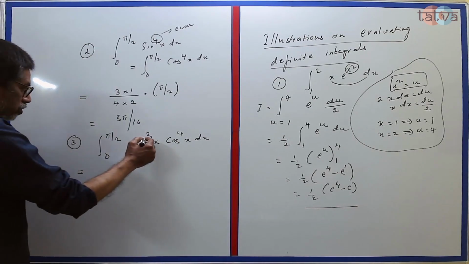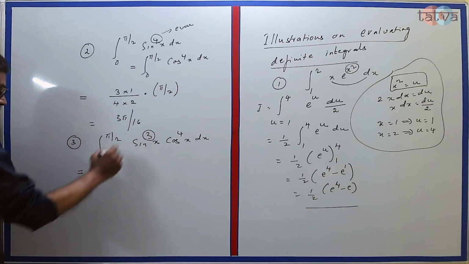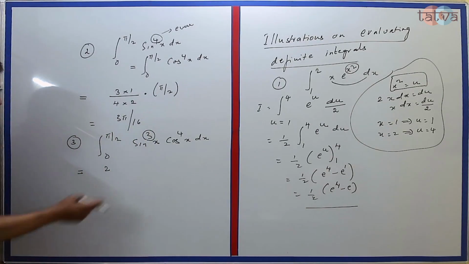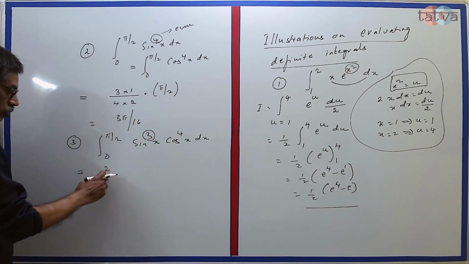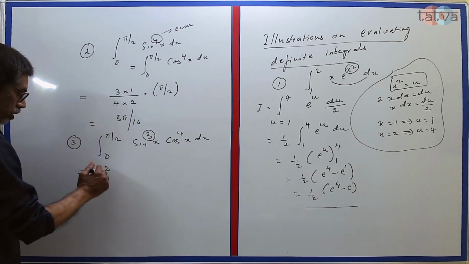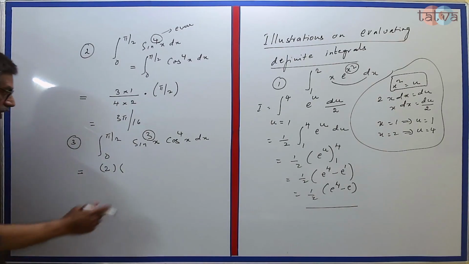You first focus on the power of sine. Again, as explained before, start with one number less. So 3 minus 1 is 2. Then reduction by two numbers, but that will take you to 0. Don't do that. You can use a bracket for that.